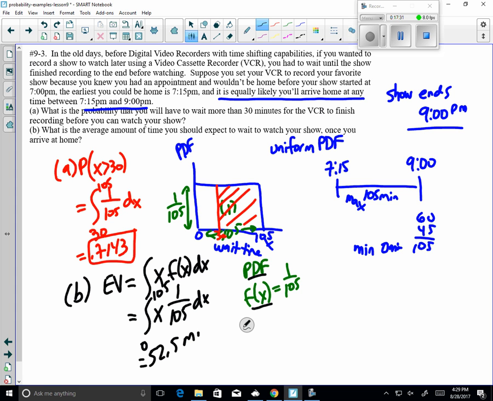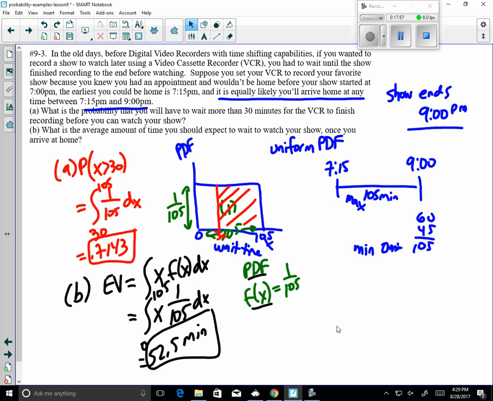Okay, so what they're saying is, on average, given this scenario, we should expect to wait about 53 minutes typically for the show to finish. Now, of course, we probably won't wait exactly that amount of time. We'll wait any amount of time between 0 and 105 minutes, but it'll typically be around 52.5 minutes. That's the average amount of time we would wait.